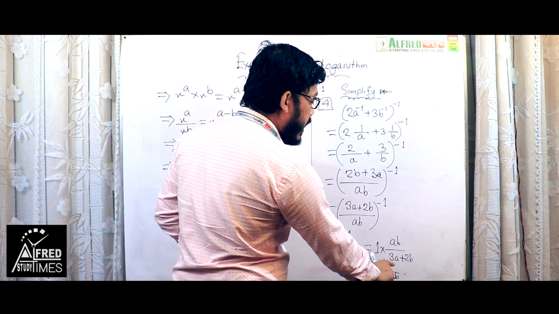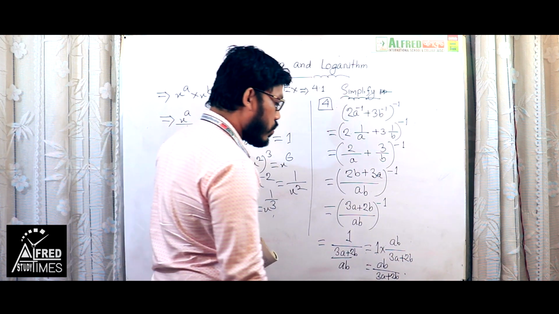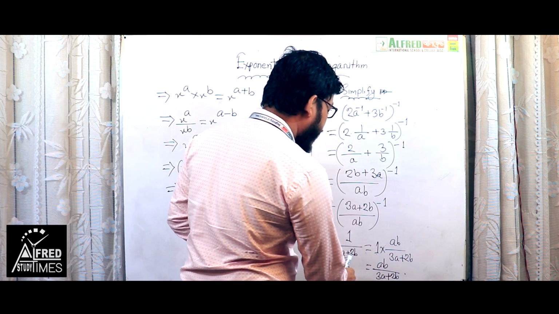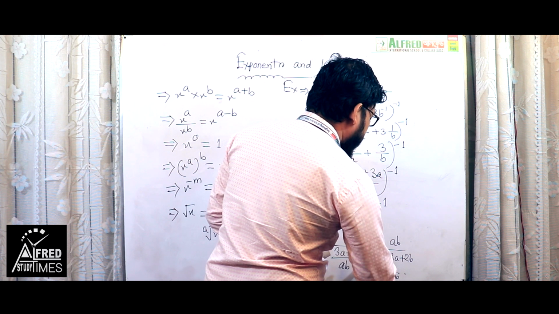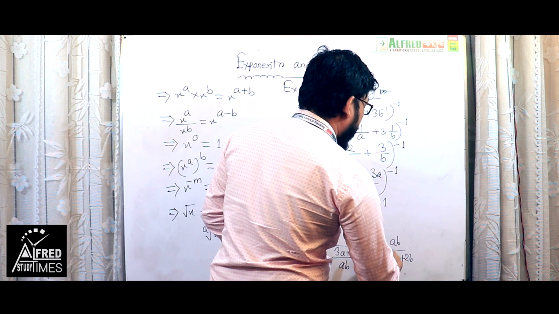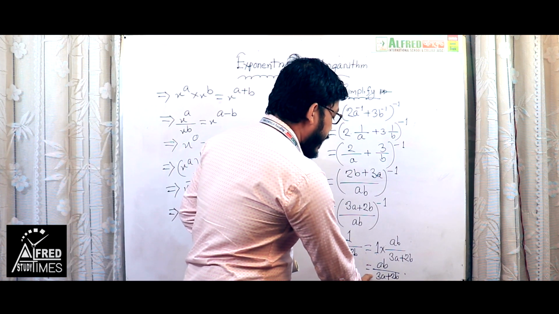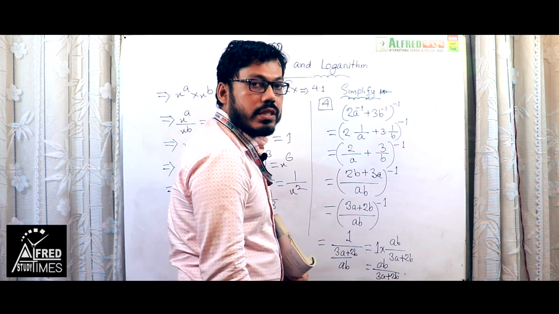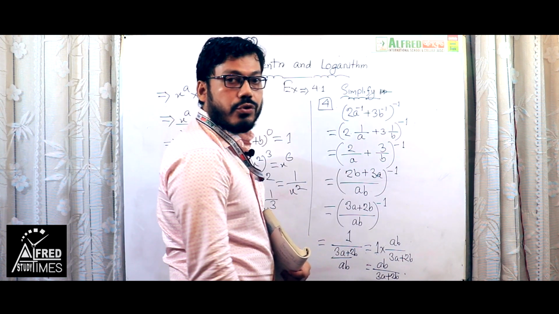We have to give it the place at the denominator, and we have to take ab as the numerator part. Then 1 with ab divide 3a plus 2b. The multiplication result is ab divide 3a plus 2b. This is the required value of question number 4.